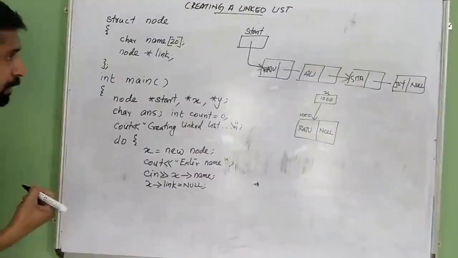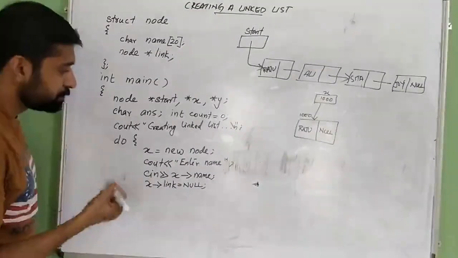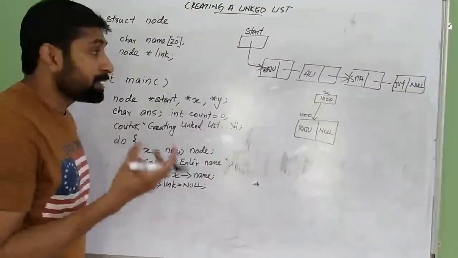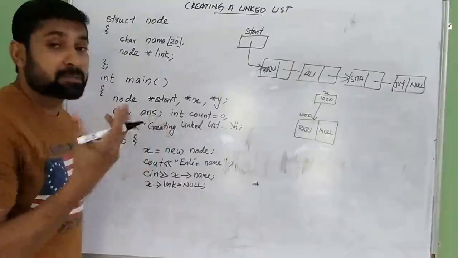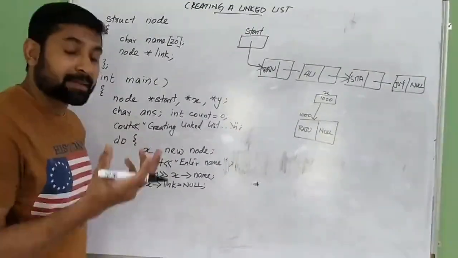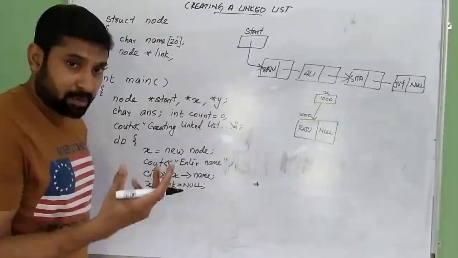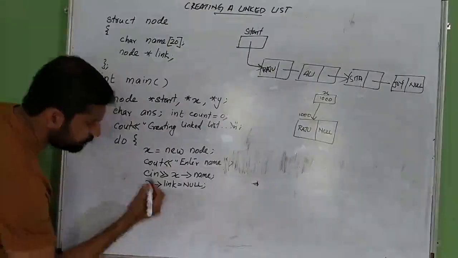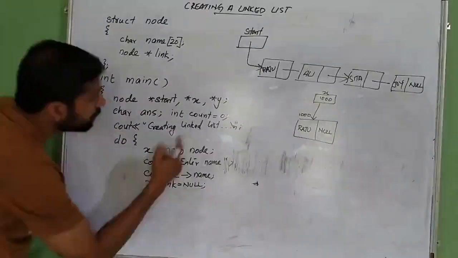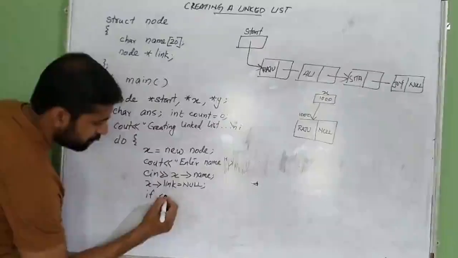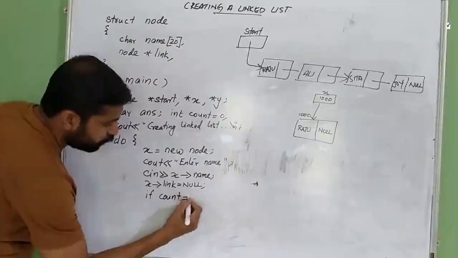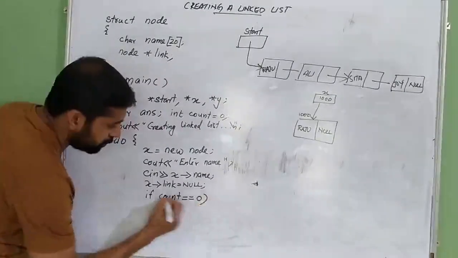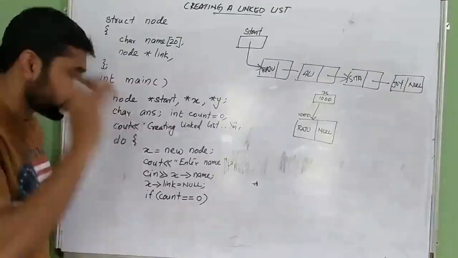Okay. Now we are going to check the position of this node, whether it is the first node or the second node or something like that. So if count equal to 0, that means it is the first node.